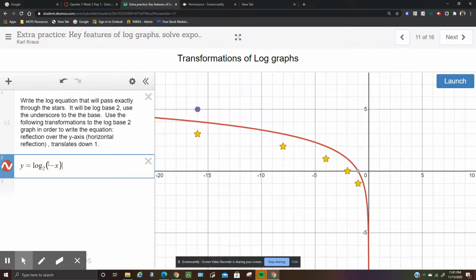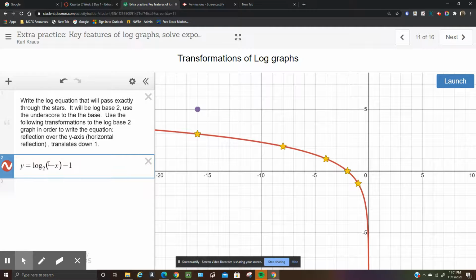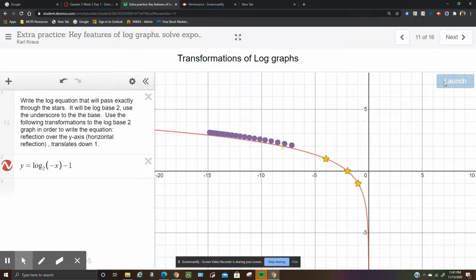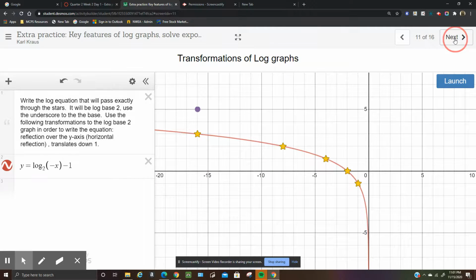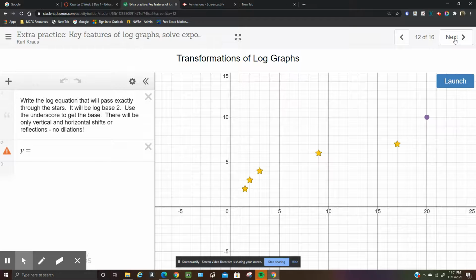And down 1 would be minus 1. And then the rest, it's not giving you any hints, but they're all log base 2.